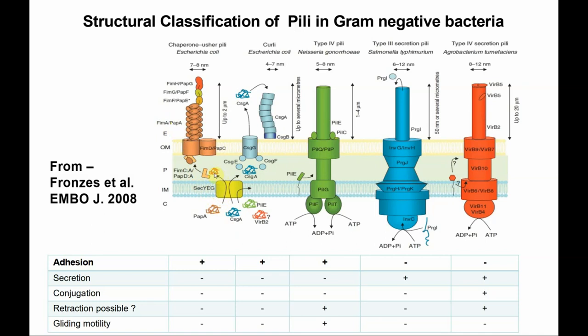Now, normally these filament proteins would bind to each other, they polymerize. But you don't want this thing to polymerize straight away, right? You don't want to form a filament in here. You want the filament to be formed on the outside of the cell.